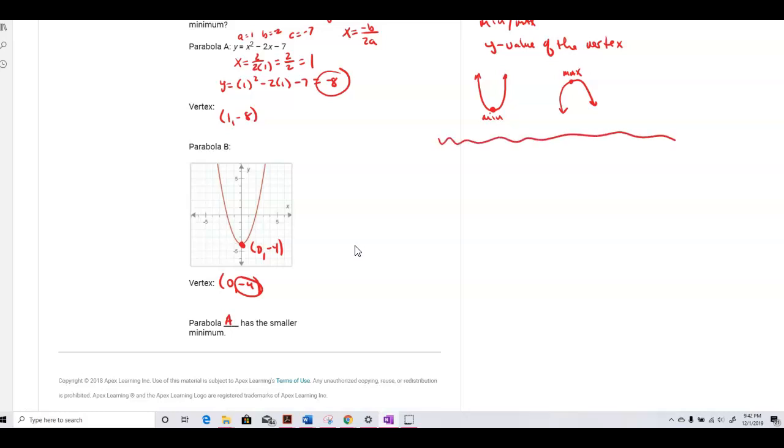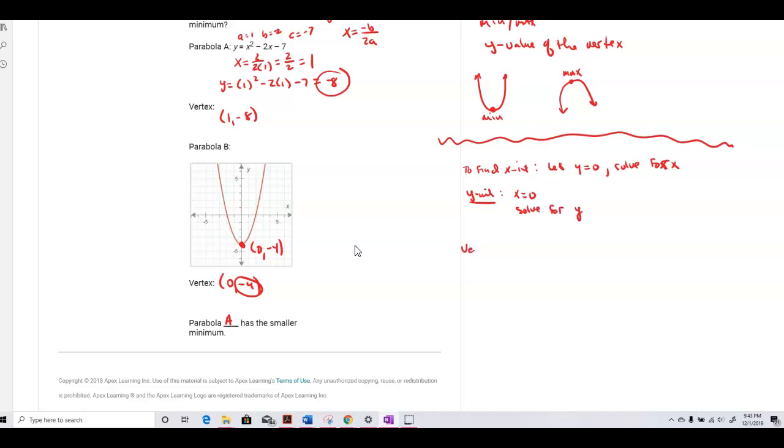So I do want to recap some things here because you should be taking a lot of notes. Number one, to find the x-intercepts, all you do is let y equal 0 and solve for x. To find the y-intercept, you basically let x equal 0 and solve for y.